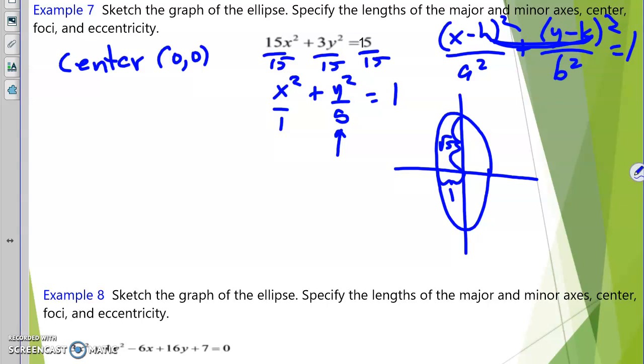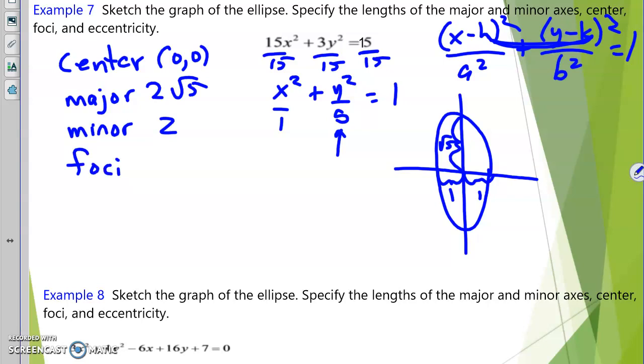I don't see that they ask for vertices, but they do ask for the length of the major axis. Major axis would be 2 square root of 5. My minor axis, of course, would be 2, because 1 on each side, 1 plus 1 gives me 2. And that's my major axis and minor axis. And the center, my foci.